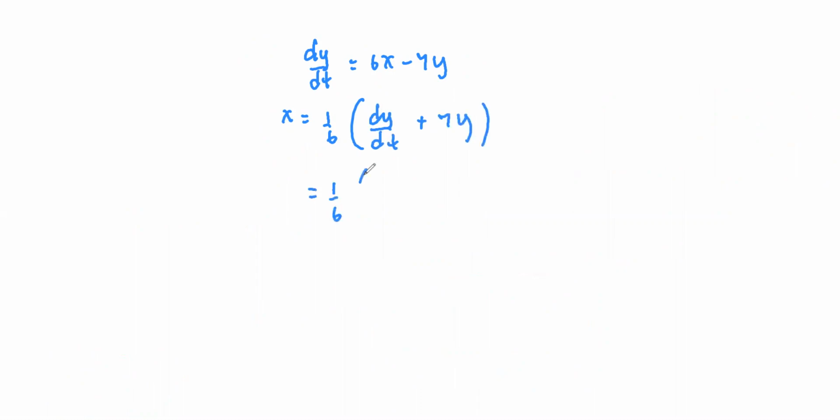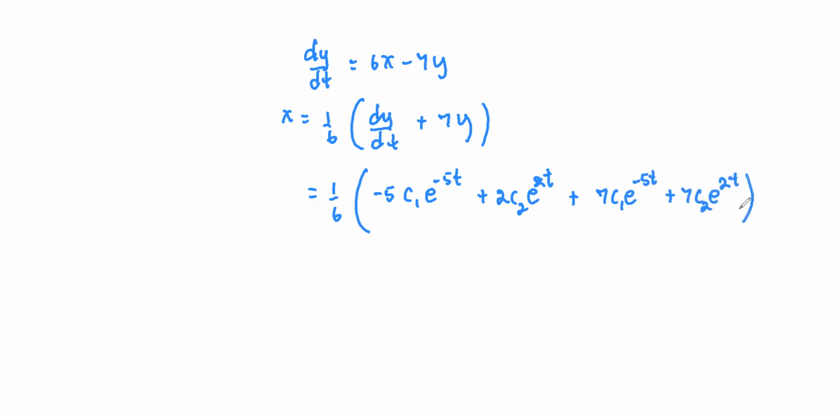From what we did earlier, dy/dt is negative 5c1 e to the negative 5t plus 2c2 e to the 2t, plus 7y, which is 7c1 e to the negative 5t plus 7c2 e to the 2t.